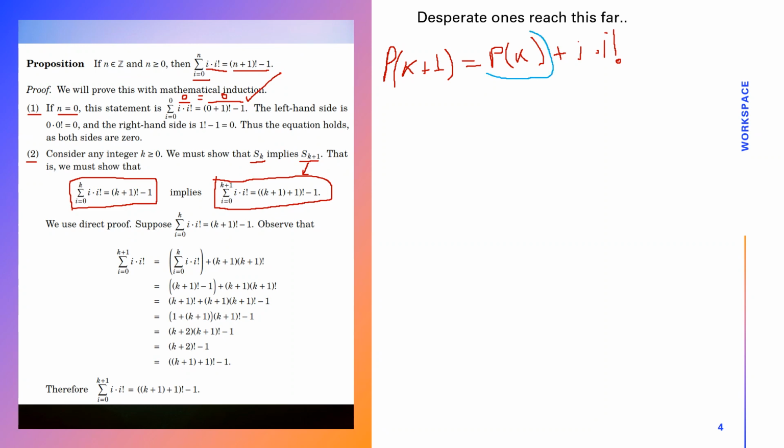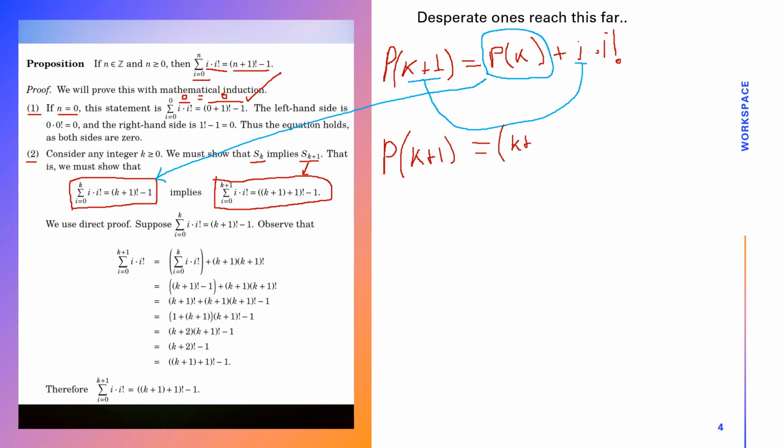Again, you'd take P of k from here and I from here. Therefore, P of k plus 1 becomes k plus 1 factorial minus 1 plus k plus 1 times k plus 1 factorial.